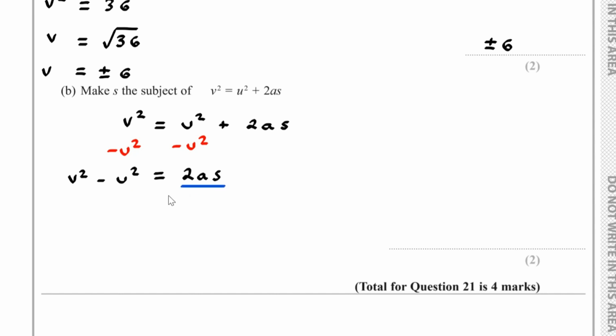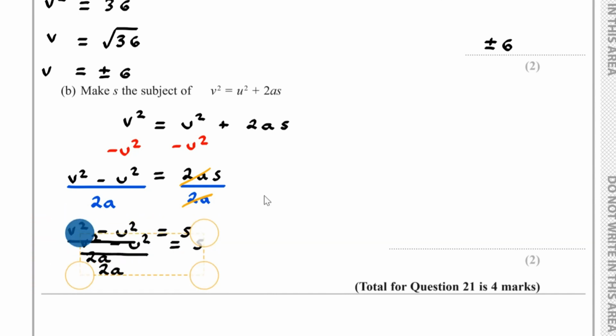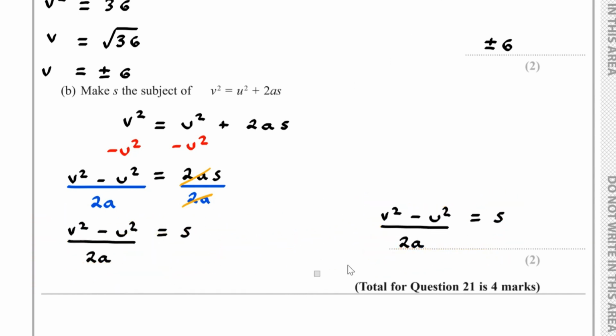And now if we divide both sides by 2a, then we are left with s equals v squared subtract u squared over 2a. So I've got v squared subtract u squared over 2a equals s.